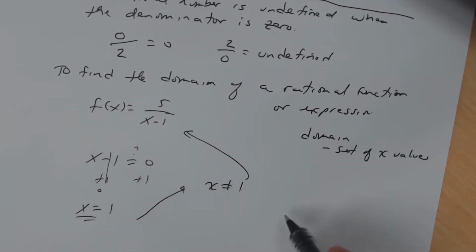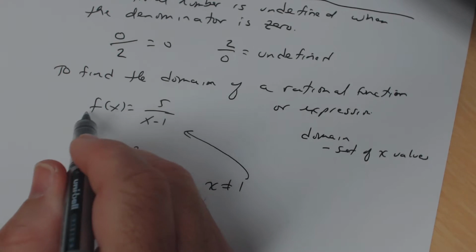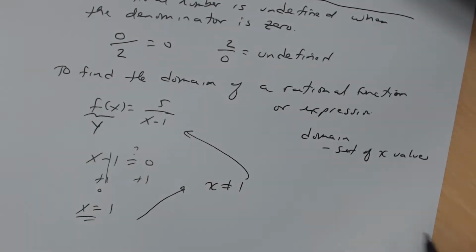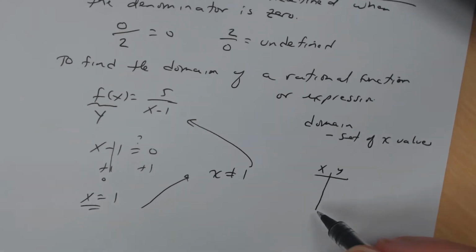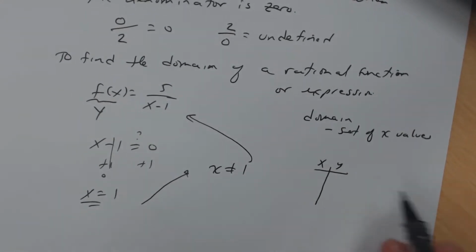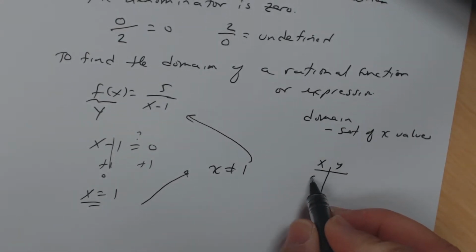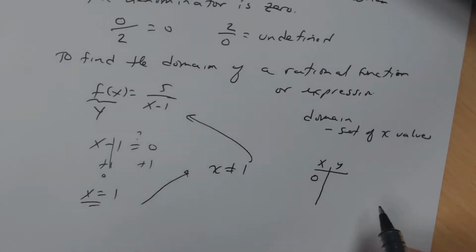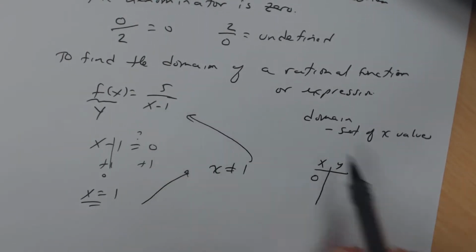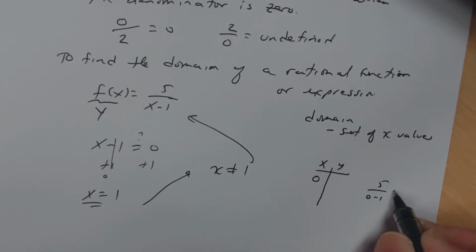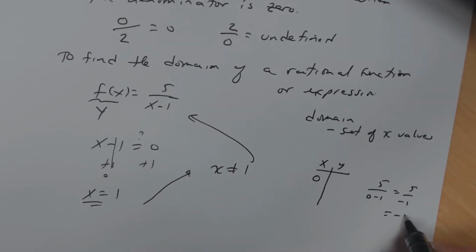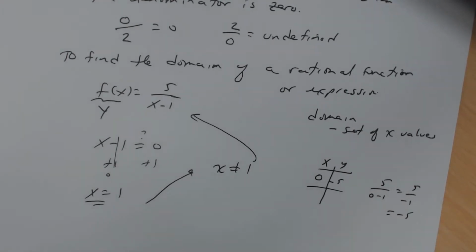Any other number I can plug in and I'll get a value back. For example, remember, f of x is the same thing as y. So if I use a t-table, just to show you, and let's say x is 0, and I plug 0 back in, I get 5 over 0 minus 1, so that's 5 over negative 1, which is negative 5. So I get a y value back.